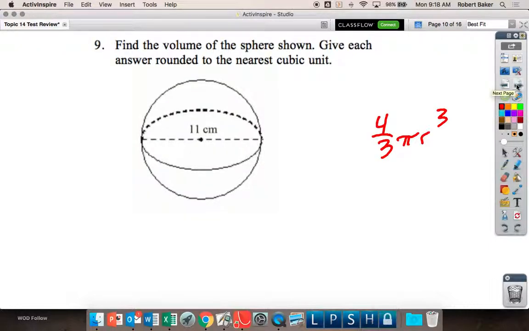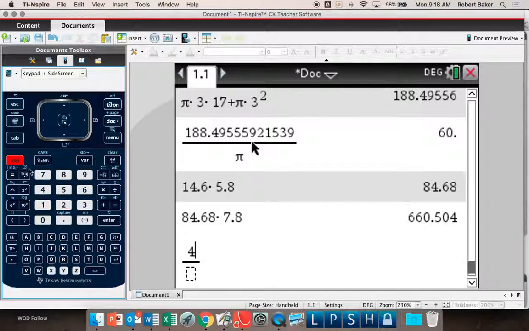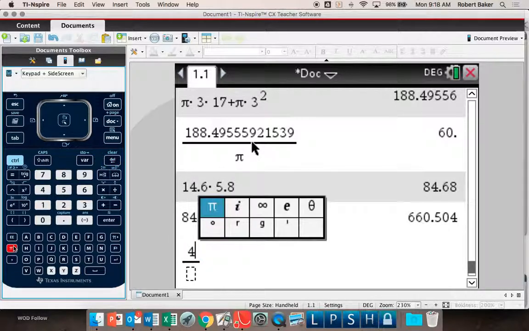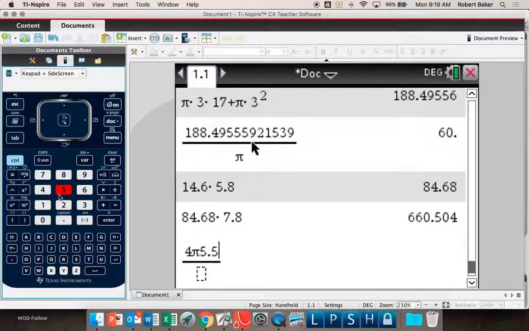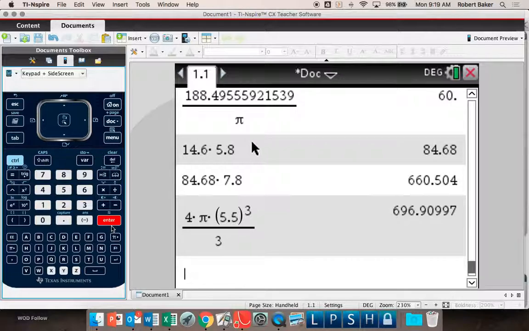The volume of the sphere. Any trouble with this one? Round to the nearest whole number. The only issue here is that this is a diameter, and we need a radius, 5.5. So 4 pi r cubed divided by 3 gives 697.